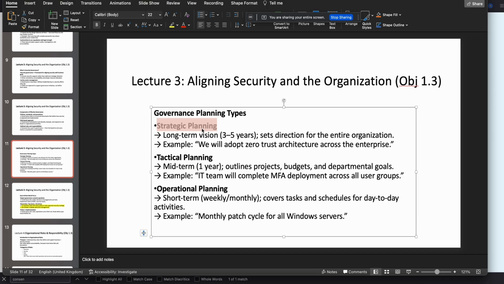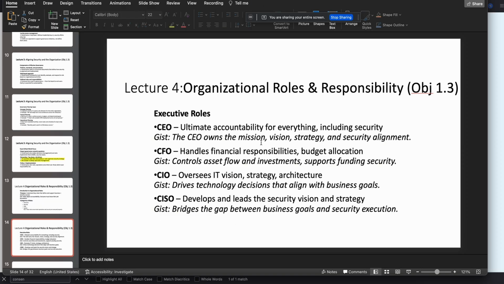Tactical planning is midterm, 1 year to 3 years, and operational planning is short term, like we need to configure this router, we need to change this setting. This is an operational thing, and you will get a question from here. So it is important, but you know this thing, I'm not going deep into this.